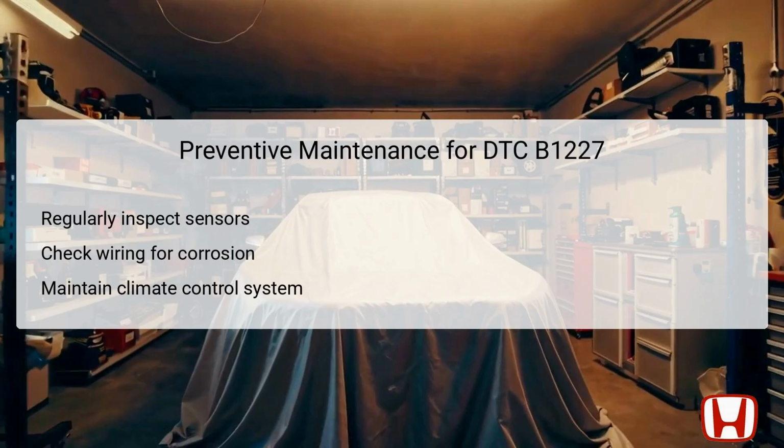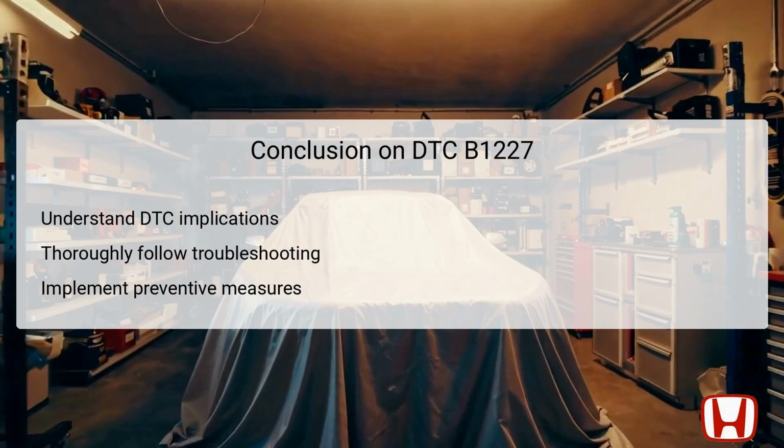In conclusion, understanding DTC B1227 and its implications is vital for effective climate control maintenance in the Honda Accord 2023 plus. Following the troubleshooting steps thoroughly ensures that all potential faults are carefully evaluated and resolved.